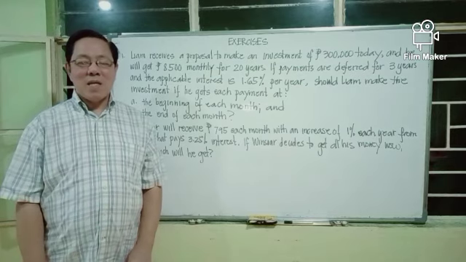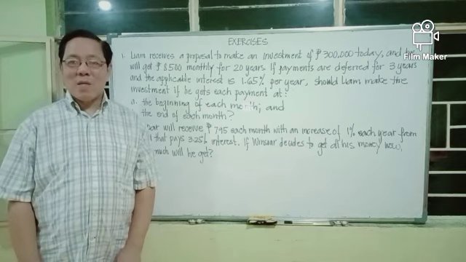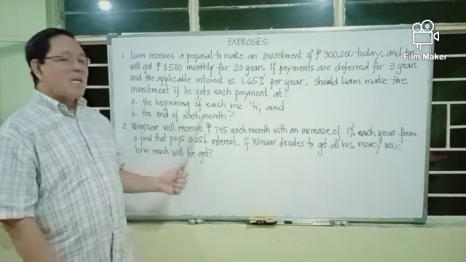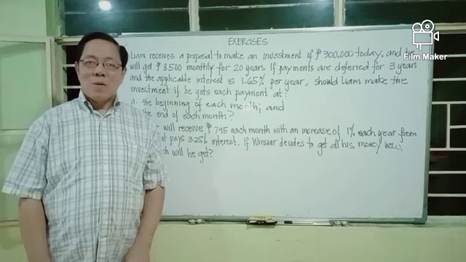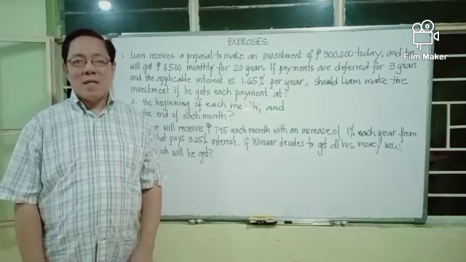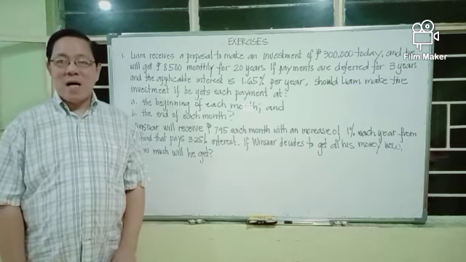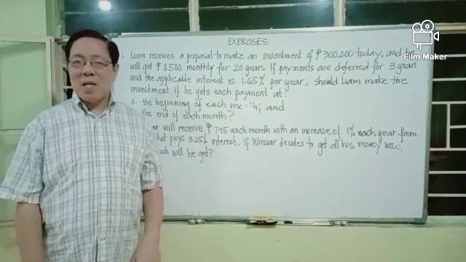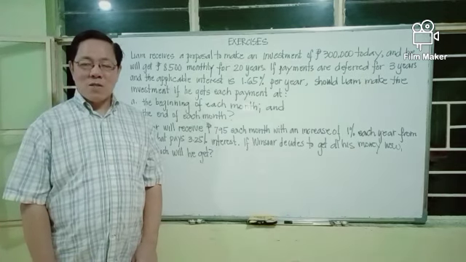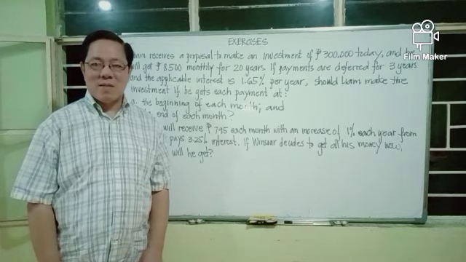Now, in letter A, if Liam is going to receive a regular payment at the beginning of each month, will he make the investment? In letter B, if Liam will receive the regular payment at the end of each month, should he also make the investment?